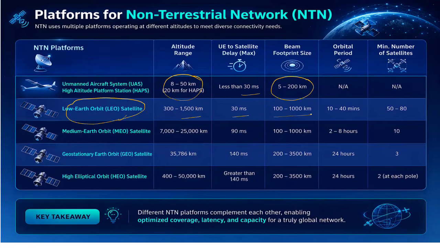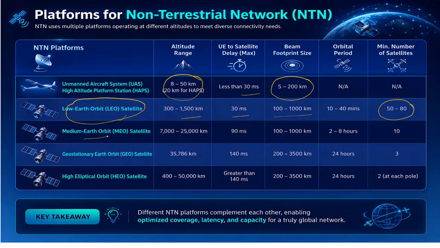But the problem is that we need a large number of satellites for LEO, between 50 and 100. So this is a sweet spot balancing latency and coverage, which is why LEO is heavily used for broadband services.